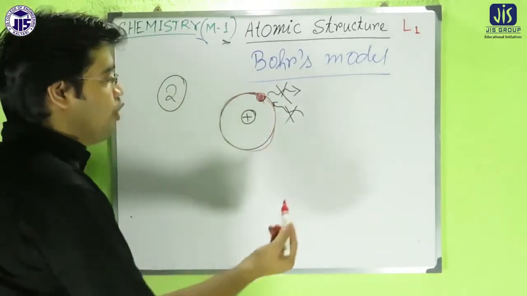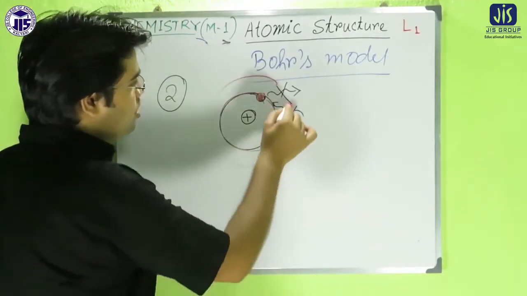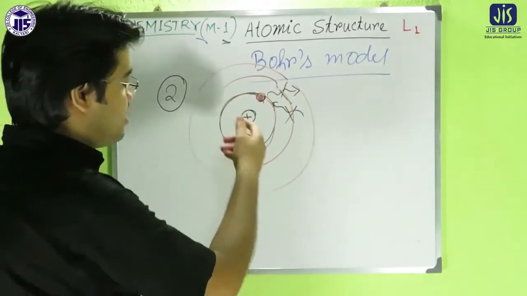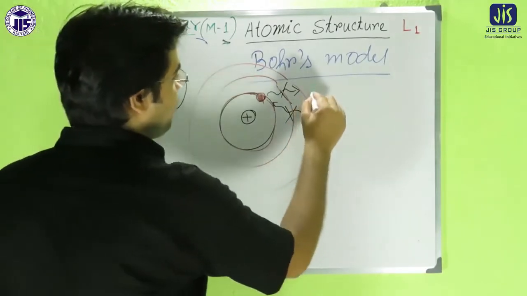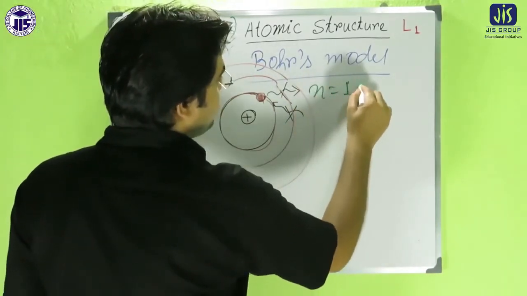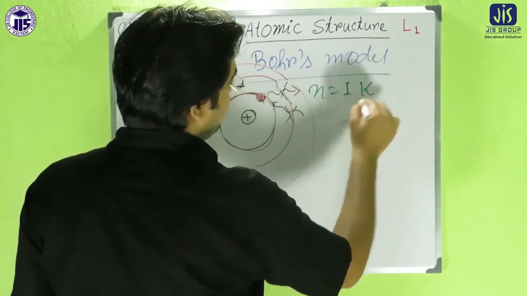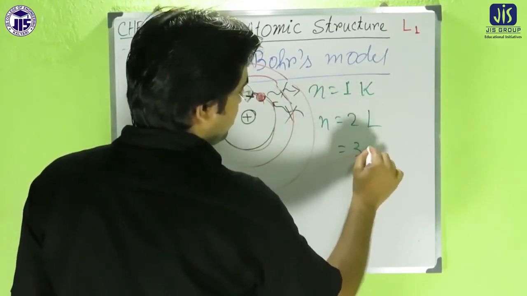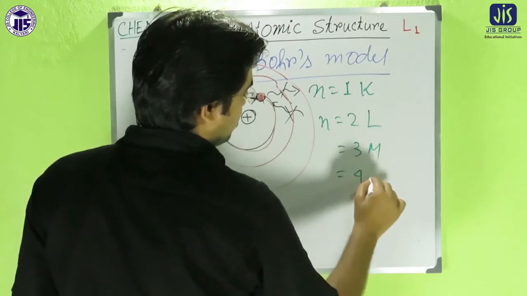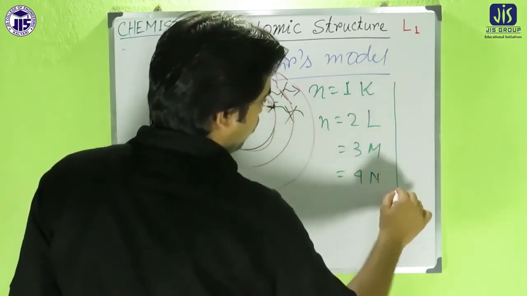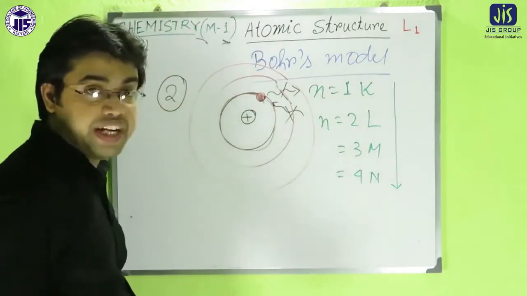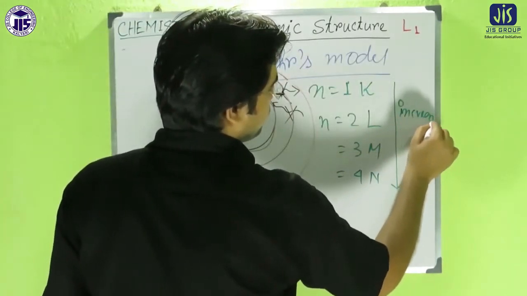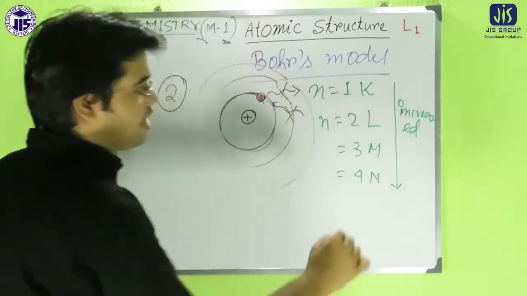According to Bohr, what I said are the energy levels. If n equals 1, this will be K, then n equals 2, L, then 3, M, 4, N, and according to Bohr, the energy of the orbits increases in that order.